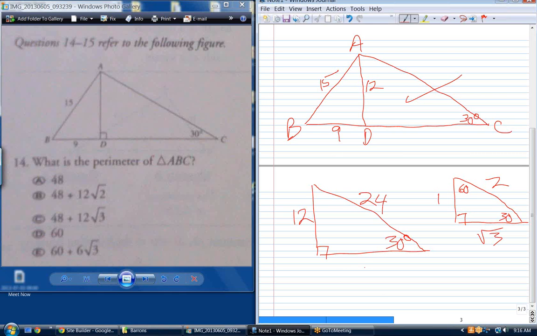What would this side be? 12 root 3. So we've got 12 root 3 there, 24 here. Now what is the perimeter of ABC?